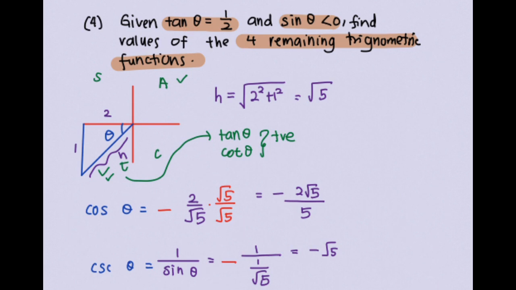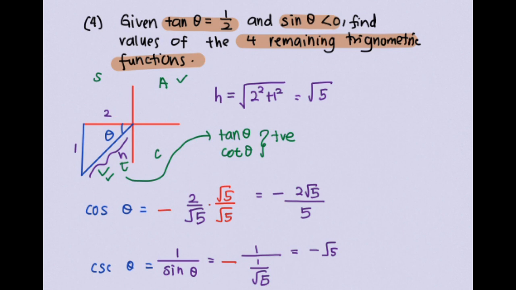Tangent is positive, so either quadrant 1 or quadrant 3. But sine is negative, so confirm we are now in the third quadrant. In the third quadrant, tangent and cotangent will be positive value. So the question asks us to find the remaining 4 trigonometric functions. So let's fill in. We know tangent theta is 1 over 2, so opposite is 1.